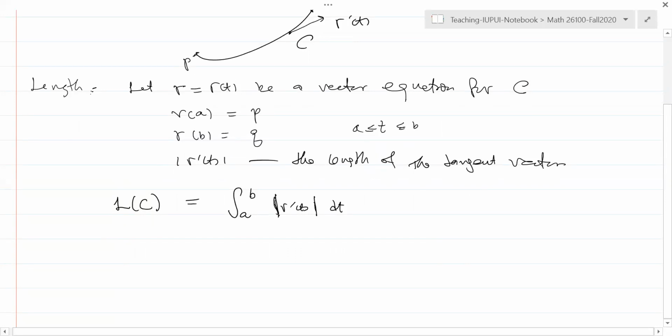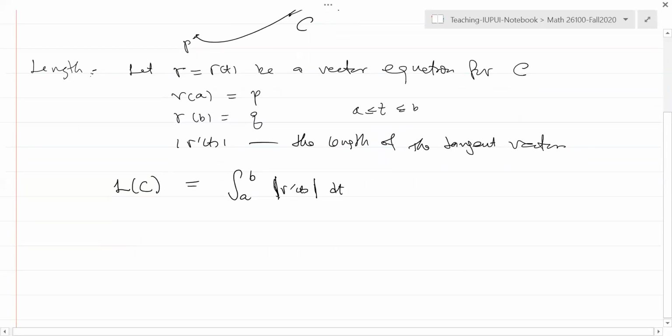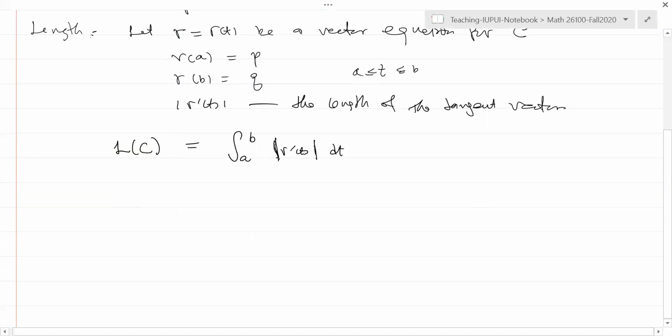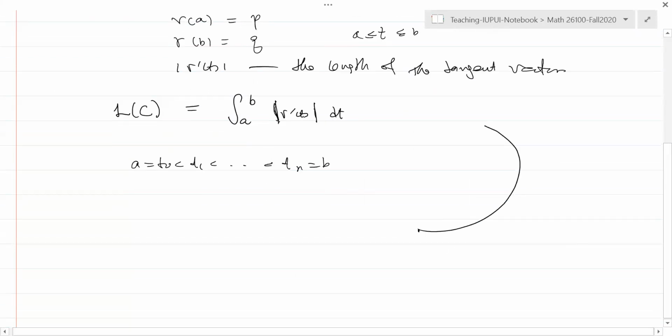It's not a definition. We derive this formula using a calculus idea. It's not given in the book, but I'm trying to briefly give you that. So you take a partition, then you have a bunch of points around the curve. If the gap between t_{i-1} and t_i is small, then the gap between the corresponding points is also small.